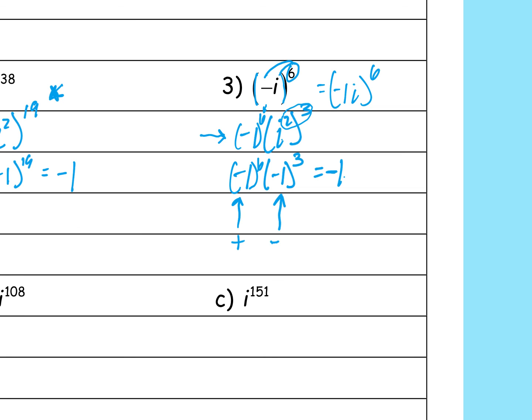I wanted the i, just like before, because I know i squared is -1, so I still want to make an i squared. How many groups of 2 are in that 6? 3. That part I was right on. The only part I was wrong on was that the -1 should be to the 6th power also. You got it.